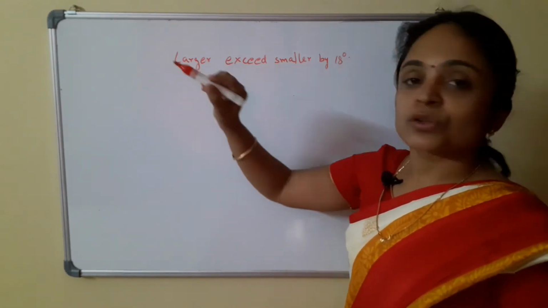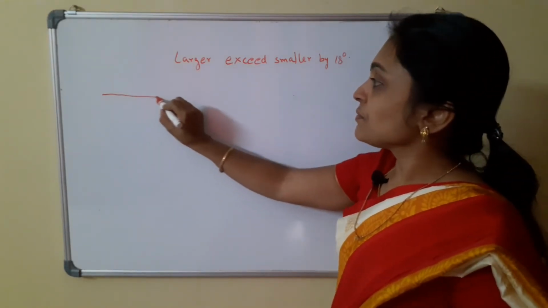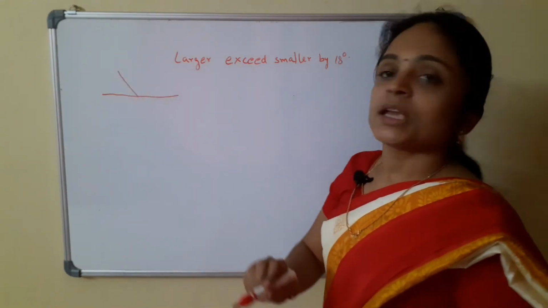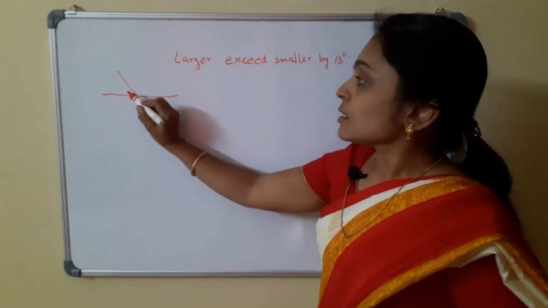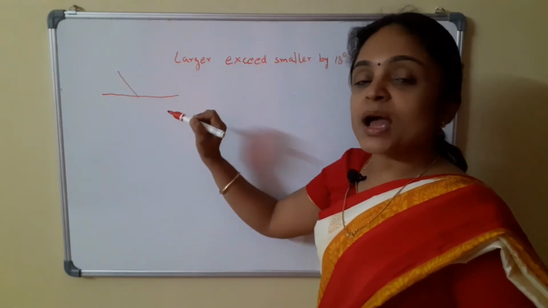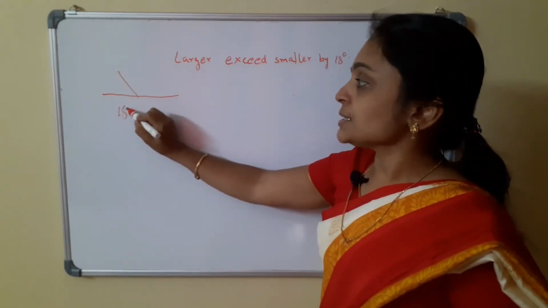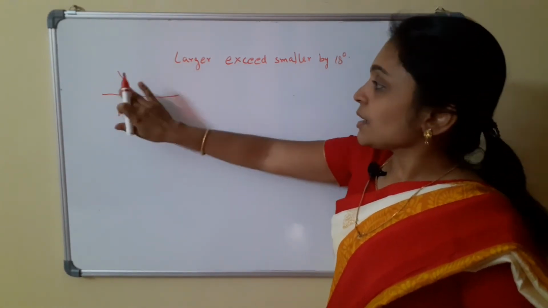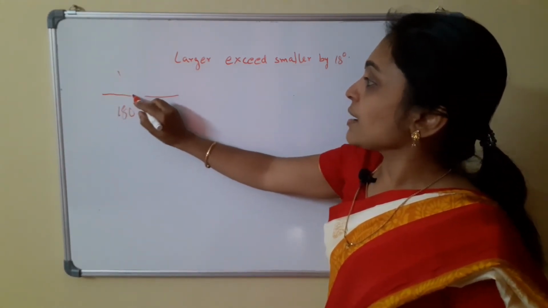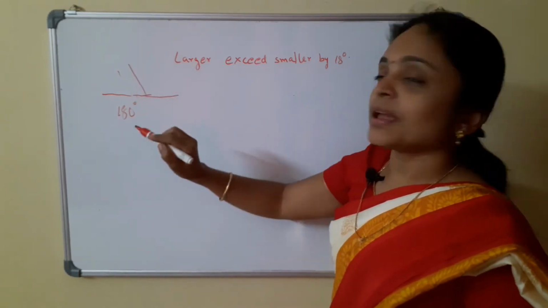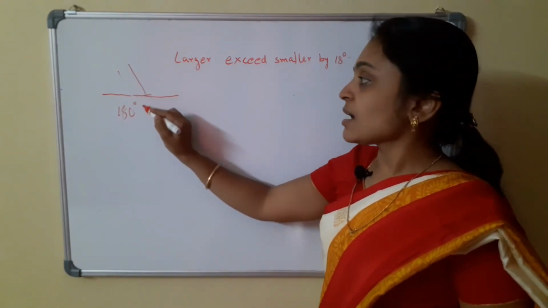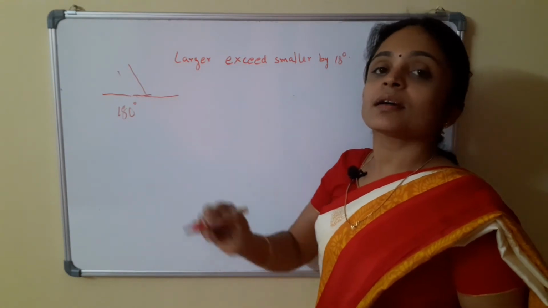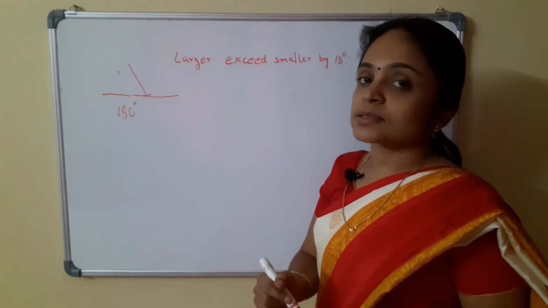Supplementary angles are two angles in which the sum of these two angles will be 180 degree. Any two angles having sum equal to 180 degree are called supplementary angles.